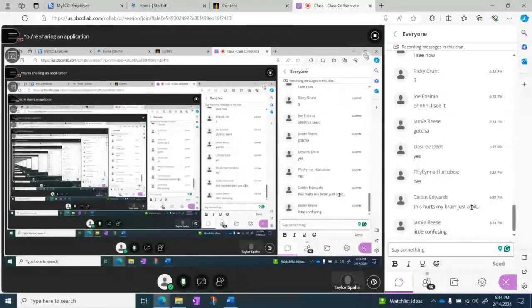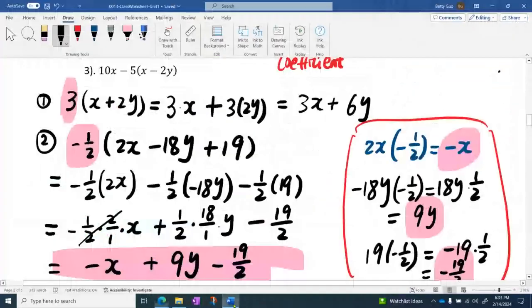Which part confuses you, Jamie? So, when do we apply the distributive property? We apply the distributive property when we need to remove the parentheses. The purpose is to dismiss the group without changing the expression.